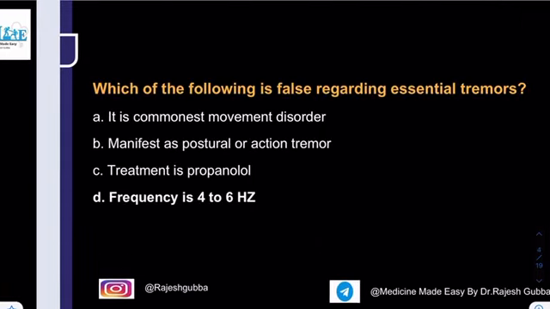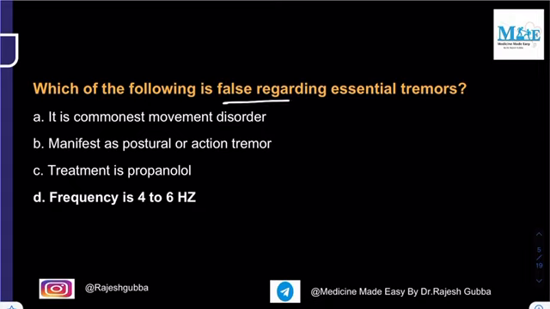The next question: which of the following is false regarding essential tremors? It is the commonest movement disorder, manifests as postural or action tremors. Treatment is propranolol. Frequency is 4 to 6 Hz. Now, essential tremor is one of the most common movement disorders. Actually, we have many movement disorders, I'll show you all those.